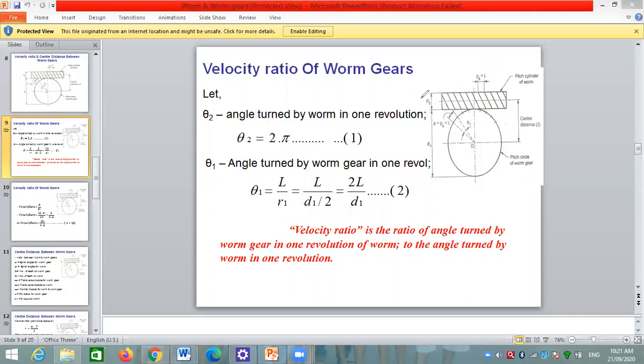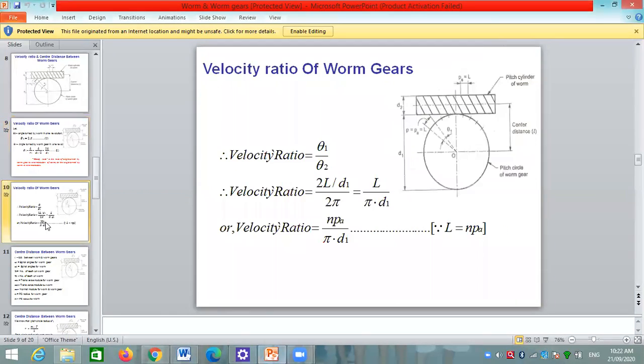Okay. And the velocity ratio is the ratio of the angle turned by the worm gear in one revolution of the worm. When the worm is rotated through one revolution, what is the angle turned by this worm gear? Therefore, velocity ratio is equal to theta 1 upon theta 2.